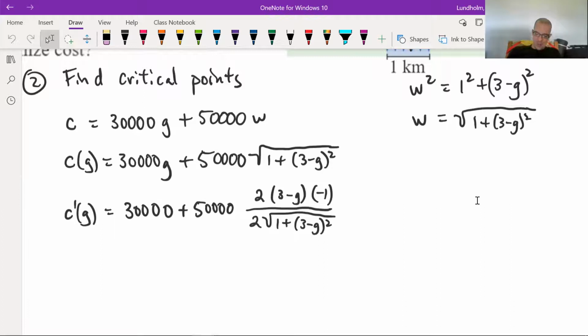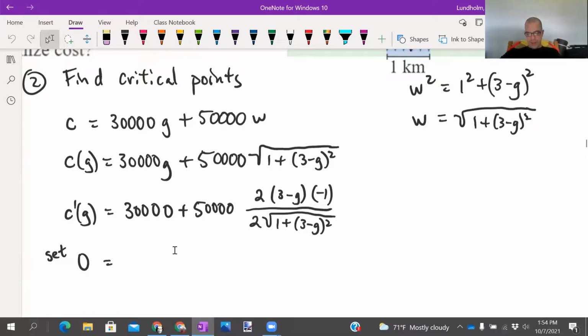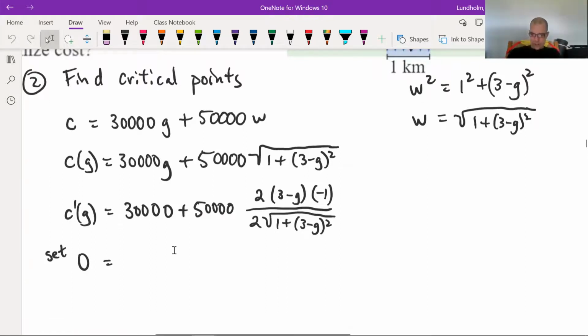But yeah, we need to set this equal to 0, because there's not going to be anywhere where we can make this denominator equal to 0 and make the whole thing undefined. The denominator here is always going to be positive. So we need to figure out where this could equal 0.